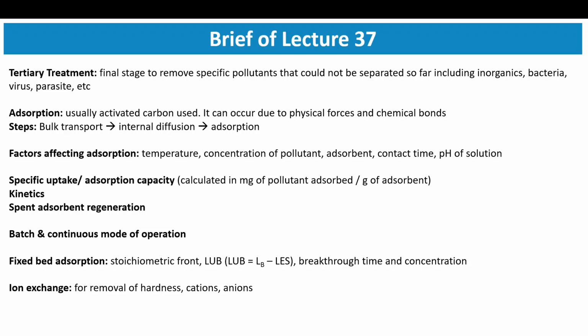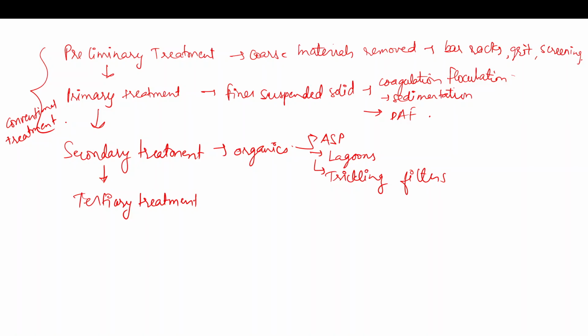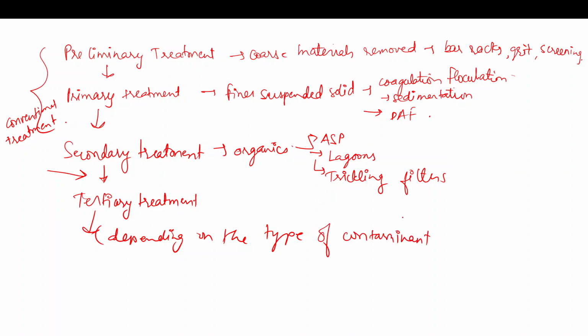Now, once we have looked into this, after the secondary process, depending on the type of pollutant or contaminant which still remains after secondary treatment, we choose tertiary treatment.